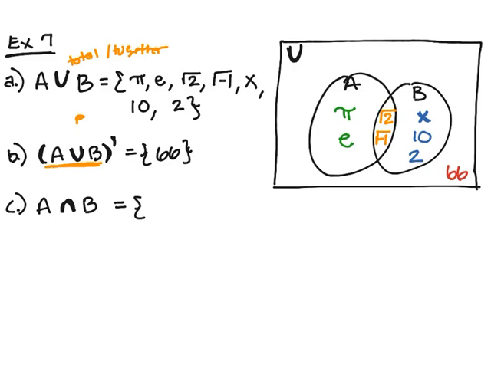Remember, intersection means where they overlap, what they share. That's what intersection means, okay? I don't want to know what's in both of them as far as singly, all together. I want to know what they share, as in what's in both of them, okay? So that would be the square root of 2 and the square root of negative 1. Do y'all agree? Okay. If you need to write on this one, in both. That's what that intersection means, in both.